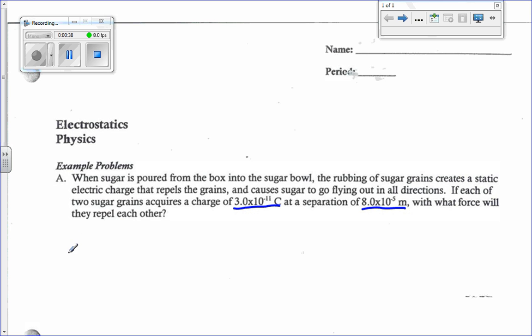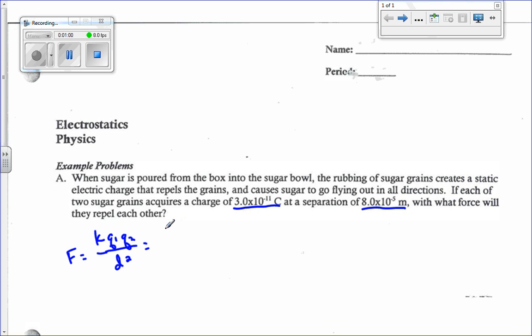Alright, here's your formula. Force is equal to K times the charge of object 1 times the charge of object 2 over the distance between the objects squared. So this one's pretty easy. You just plug into the equation.